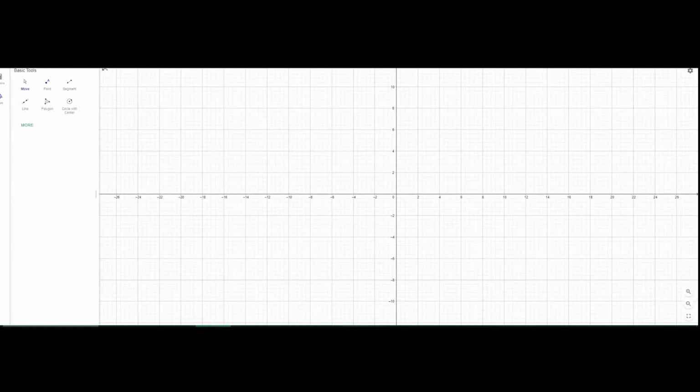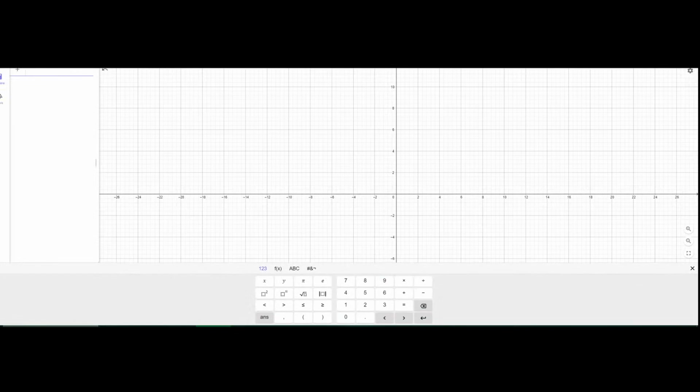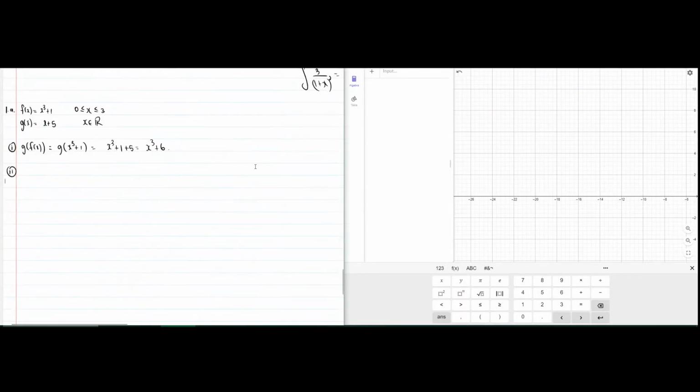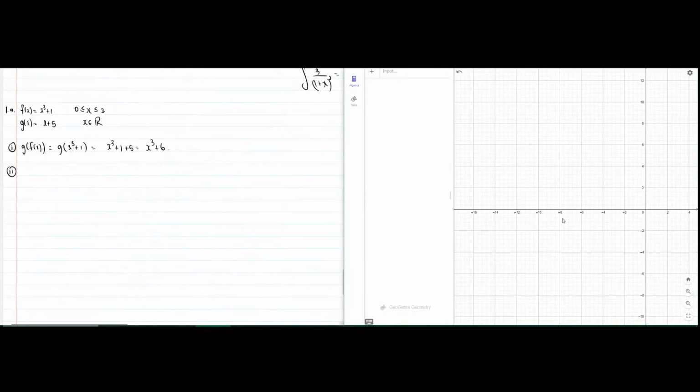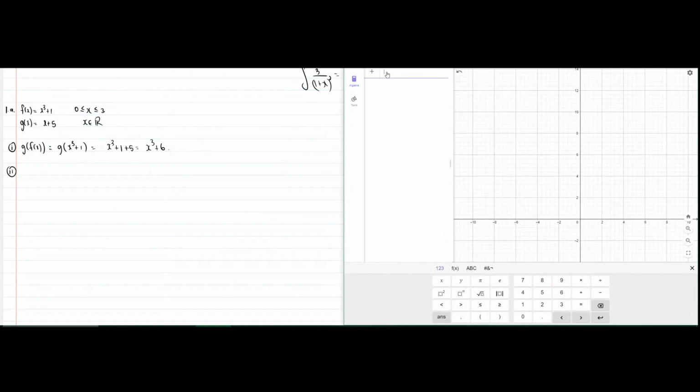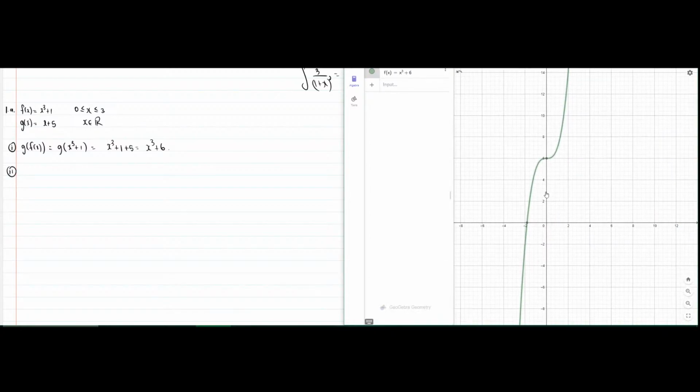Range is with respect to the y-axis. So if I come here and I draw this function, I'm going to draw the function x cubed plus 6. This is how this looks.